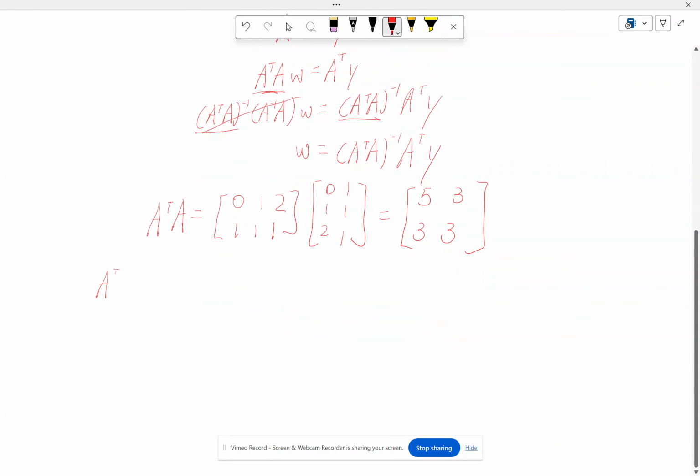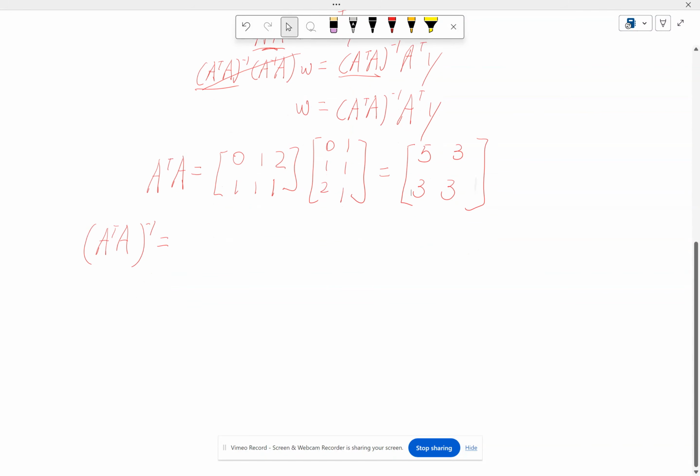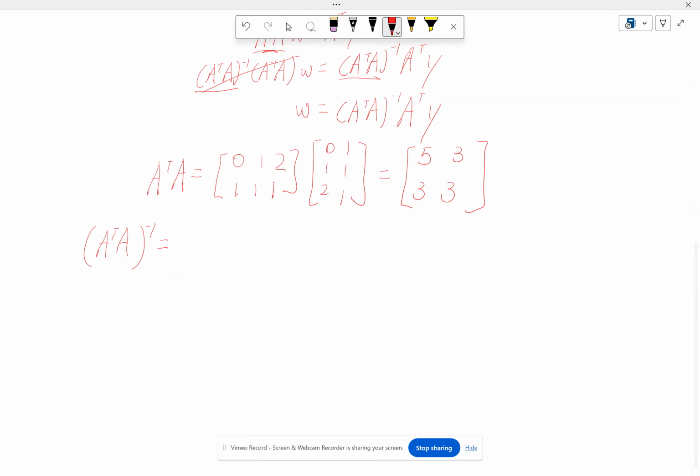So A transpose A inverse is equal to, well, you're going to do this determinant, right? 1 over the determinant. So the determinant is 15 minus 9. I hope I did that correctly.